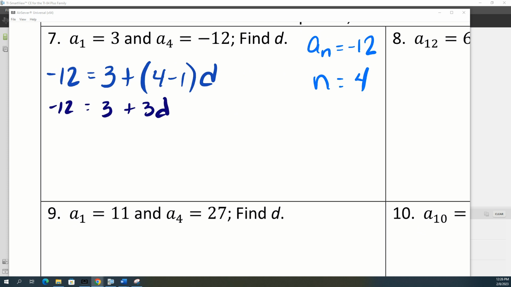If I want to solve it for D, what would I do with the other 3? This 3 right here. Subtract it from 12. So since it's positive, I'm going to want to subtract it. So that's going to be negative 15 equals 3D. All right, so what would I do to find D? Divide by 3. So D is going to be negative 5.